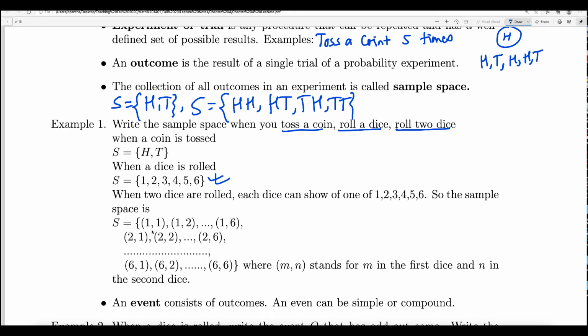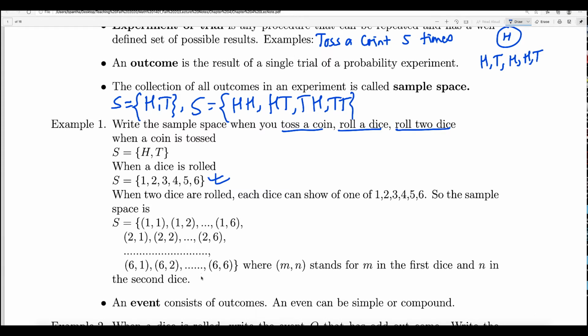When you roll 2 dice, then the first dice can show up 1, second dice can show up 1, first dice 1, second dice 2, and then so on up through 6. Similarly, first dice can show up 2, second dice can show up 1, first dice can show up 2, second dice can show up 2, and then so on. And if you organize, this is how you list all the possibilities when you roll 2 dice together.